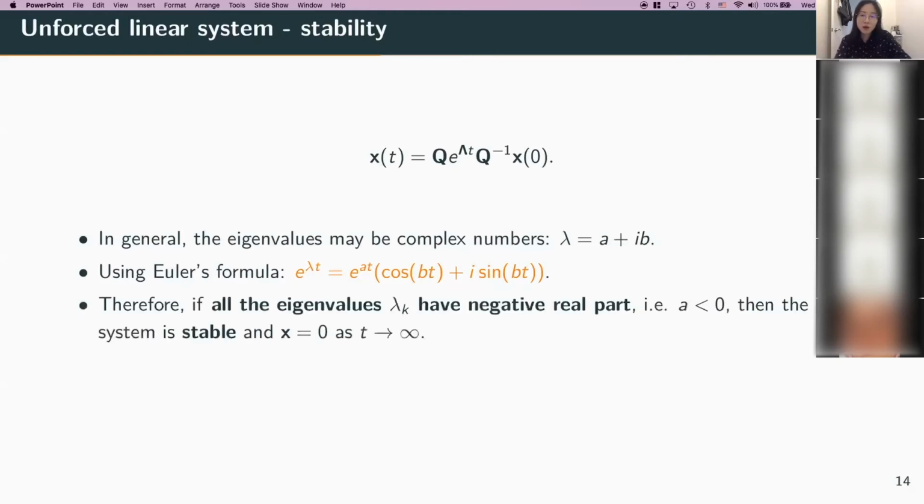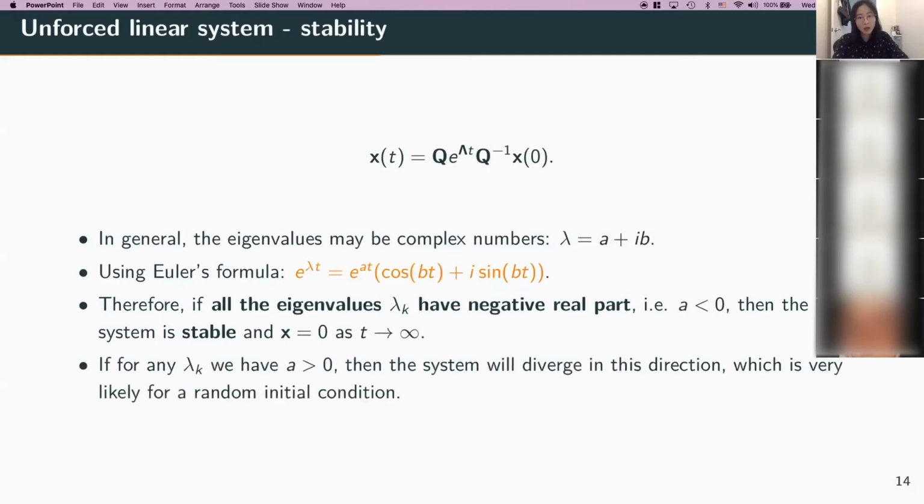So if all the eigenvalues have a negative real part instead, then the system is stable and the states will be driven to zero as t goes to infinity. On the other hand, if any one of the eigenvalues has a positive real part, then the system is unstable.